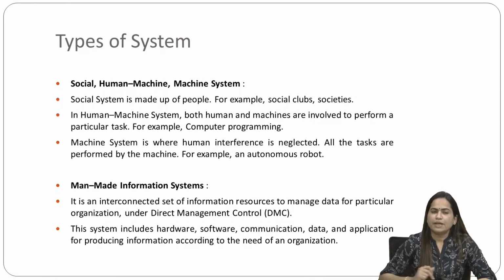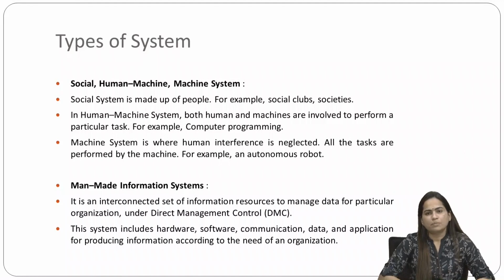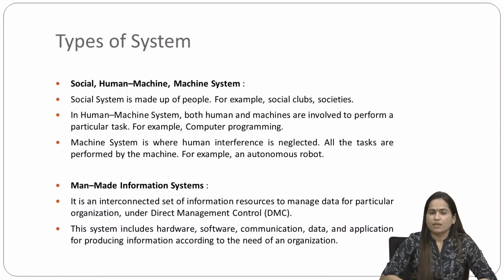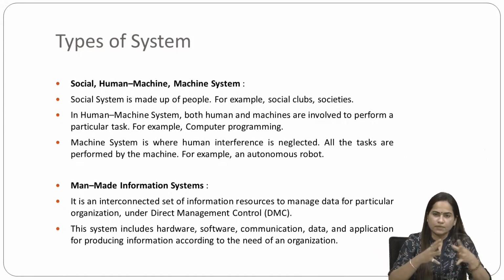Next one we have is social, human-machine, and machine systems. A social system is made up of people. For example, social clubs, societies. A human-machine system is one in which both human and machines are involved to perform a particular task.